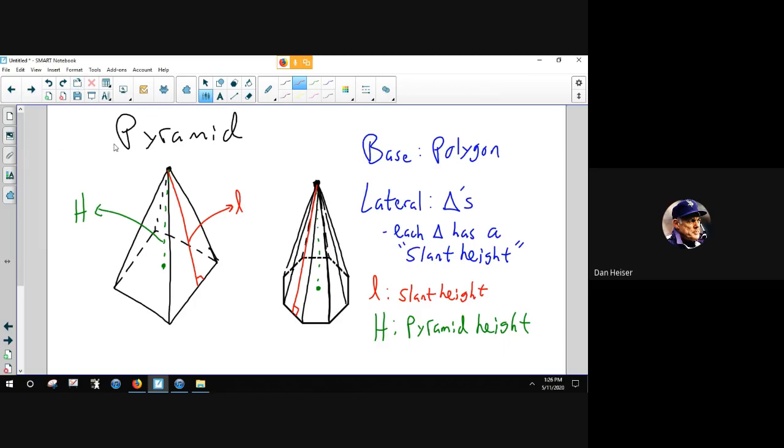For surface area, we need this slanted height. We need the height of this particular triangle. Lowercase l, that is the slant height. Same thing over here. Here's the height of the pyramid in green. Here's the height of this particular triangle in red. That is also the slant height.